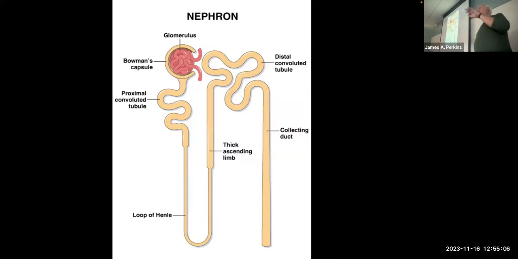By the way, the holes, the fenestrae, in the walls of the capillary are big enough to allow fluid out. So the blood plasma, which is mostly water, some of the proteins and a lot of the ions, can come out. Cells shouldn't. So the red blood cells should not leak into Bowman's capsule, unless you had some kind of bad kidney disease, and then you can get actual red blood cells in the filtrate.